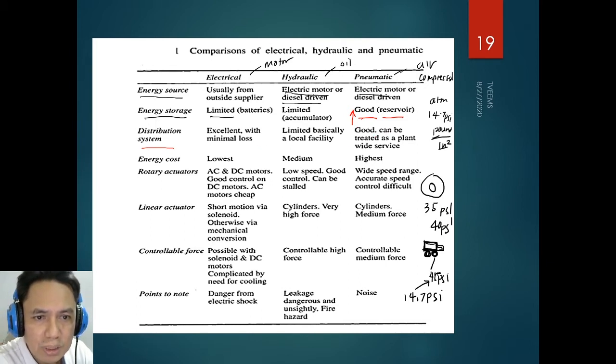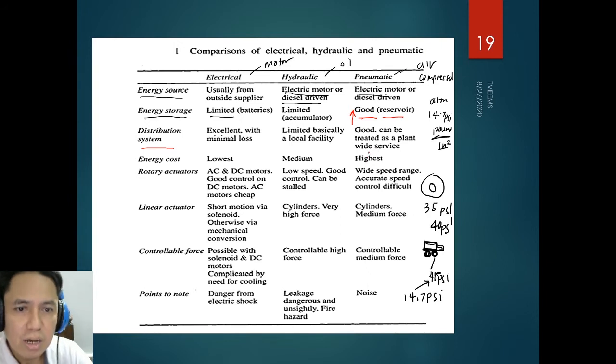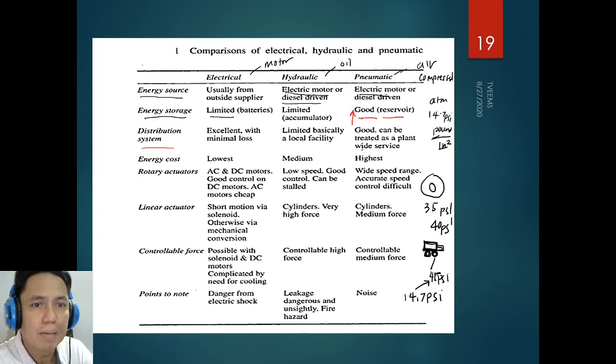Here, pneumatic is good, as it can be treated as a plant-wide service because you can have a good structure of a pneumatic system from a very large compressor. Then you can put air pipes and air tubes in the whole plant, like a hospital.